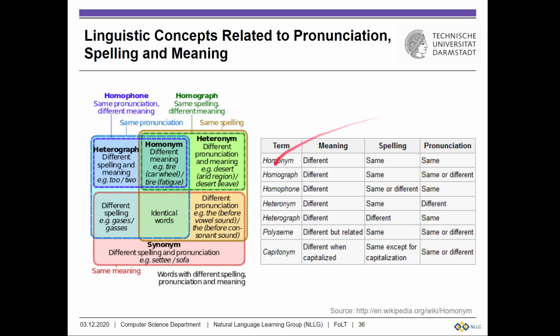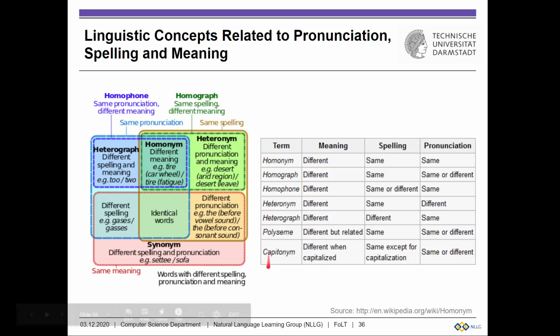It would be can, or it would be saw, as we have seen previously. If the meaning is different, the spelling is the same, and the pronunciation is the same or different, then these would be called homographs.